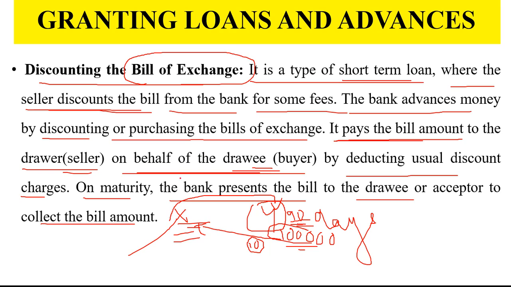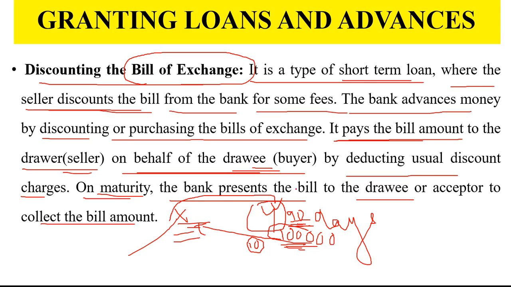He goes to the bank with the bill and takes the money of 1 lakh rupees from the bank. But now the bank will charge some discount on this 1 lakh rupees and take that discount amount, and the remaining amount they will return to X. And after 90 days, on maturity, the bill is going to mature.